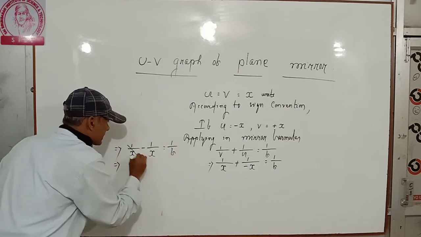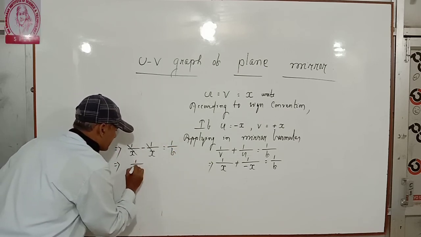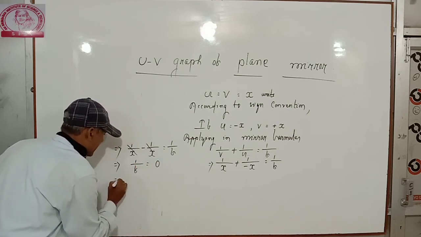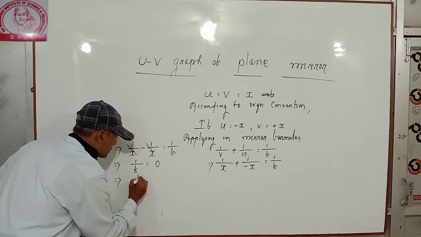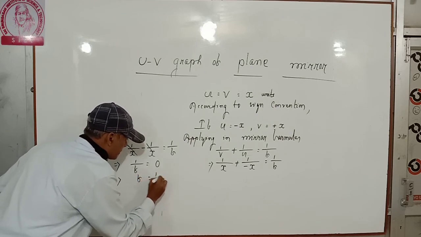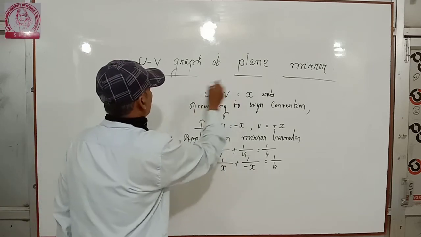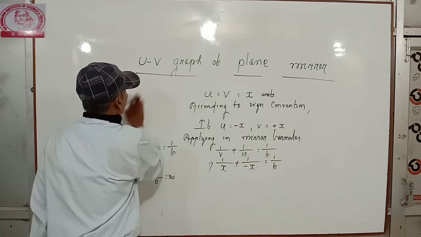This cancels, so 1 by f is equal to 0, which implies f is equal to 1 by 0, that means infinity.